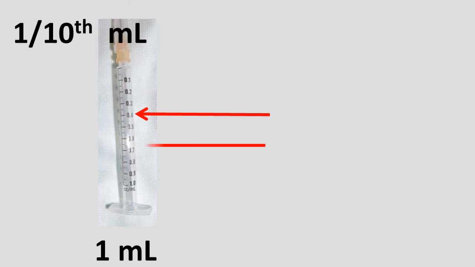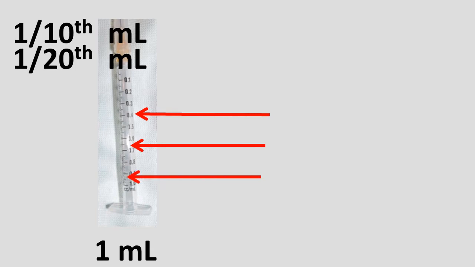The long numbered lines are 1/10 of a milliliter. The shorter lines centered between these are 1/20th of a milliliter. And the tiny lines are each 1/100th of a milliliter. For even tinier dosing, smaller syringes are available in 1/2 and even 1/3 cc's.